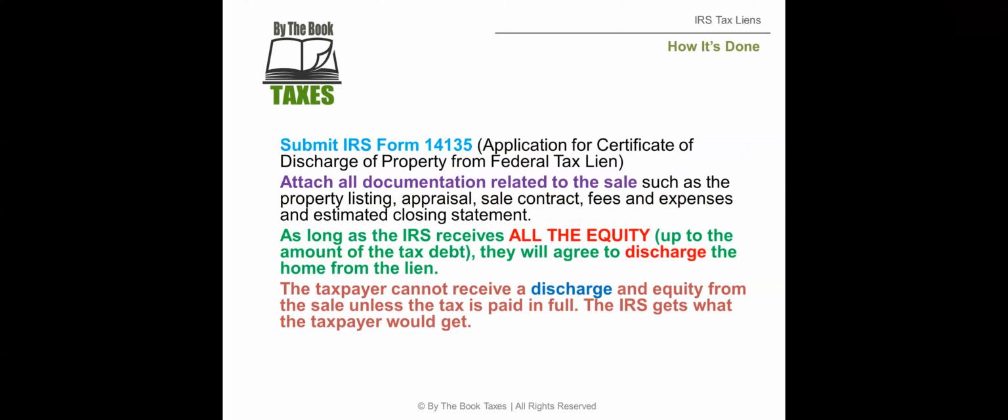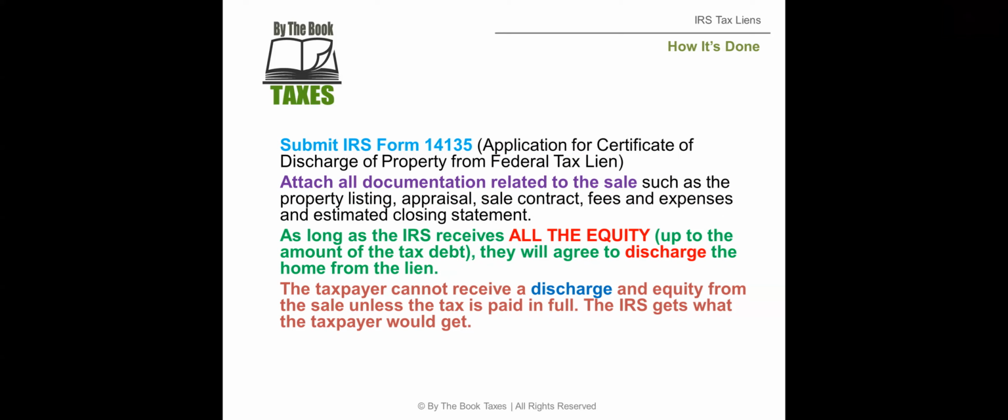So here's what you do in order to get a lien discharged. You submit an application to the IRS, Form 14135, which is an application for certification of a discharge of property from a federal tax lien.